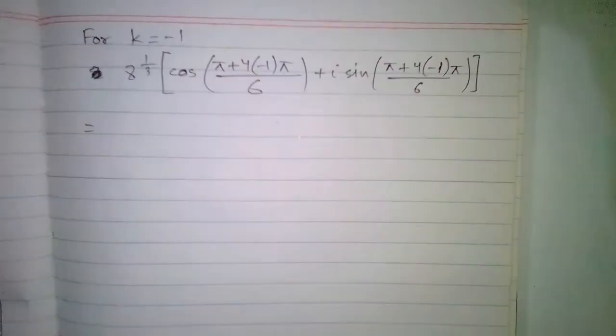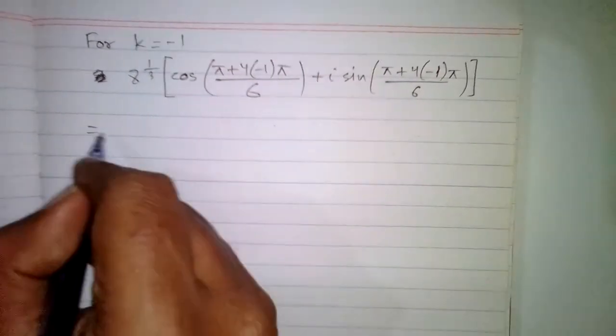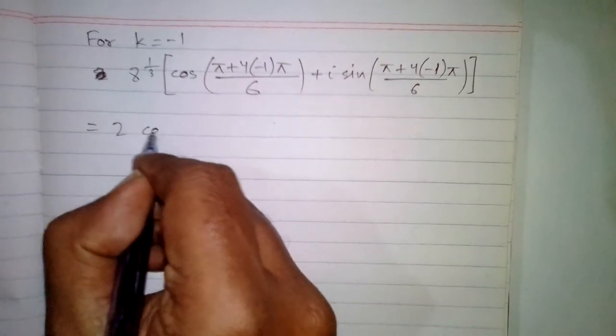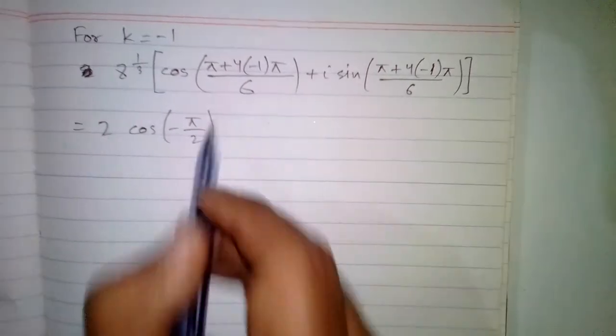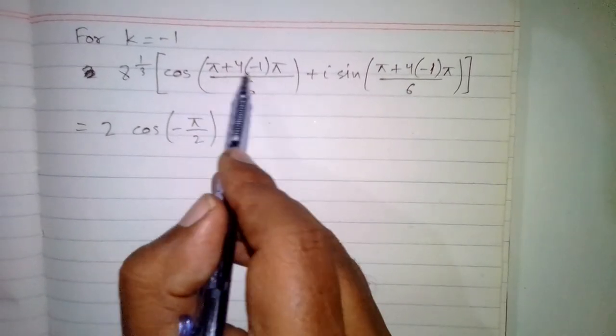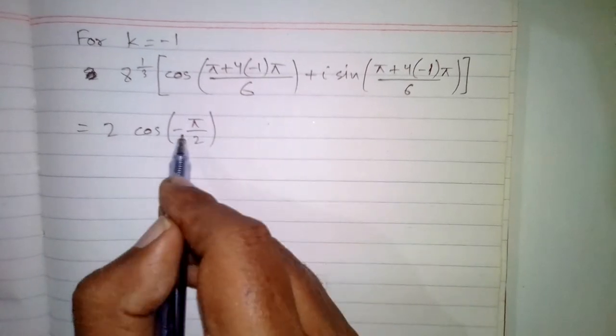Then 8 raised to the power 1 upon 3 is 2, and then we have cos of minus pi by 2. When we simplify this, we have pi minus 4 pi, which is equal to minus 3 pi. Minus 3 pi by 6 is minus pi by 2.